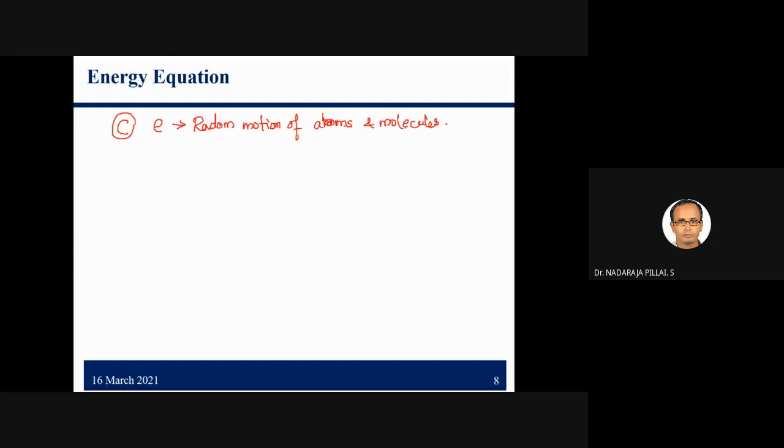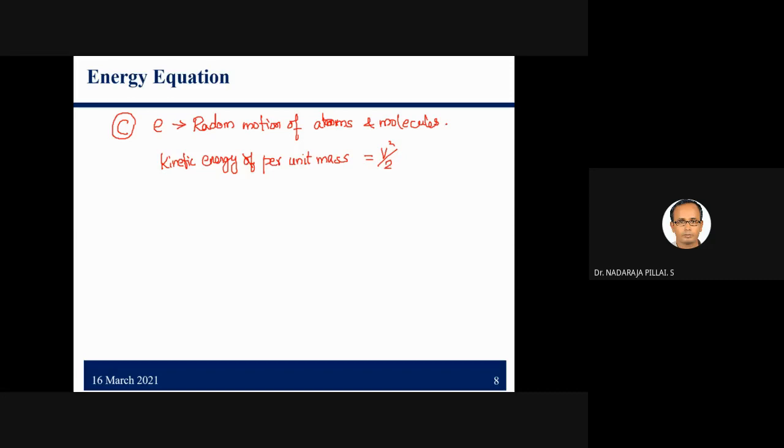Right. So we know the kinetic energy per unit mass, so that we will not write that n, is equal to V square by 2, right?